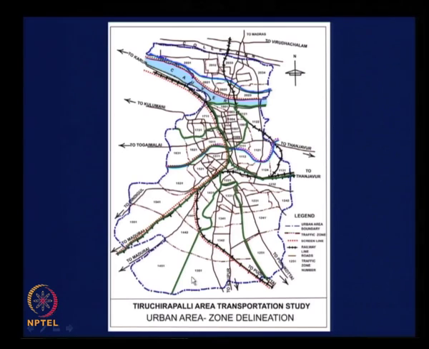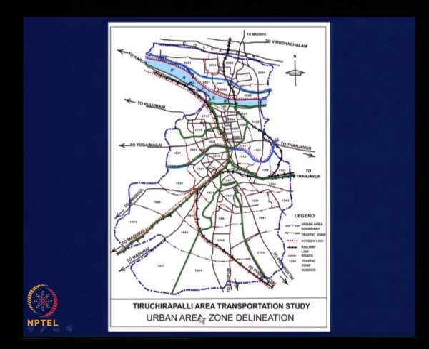Please note, in our earlier discussion we understood the sector boundaries to be either natural or man made barriers like railway lines, major roads, rivers and things like that. That can be adopted or followed if possible. If necessary, you can have a different guideline to fix the sector boundary.